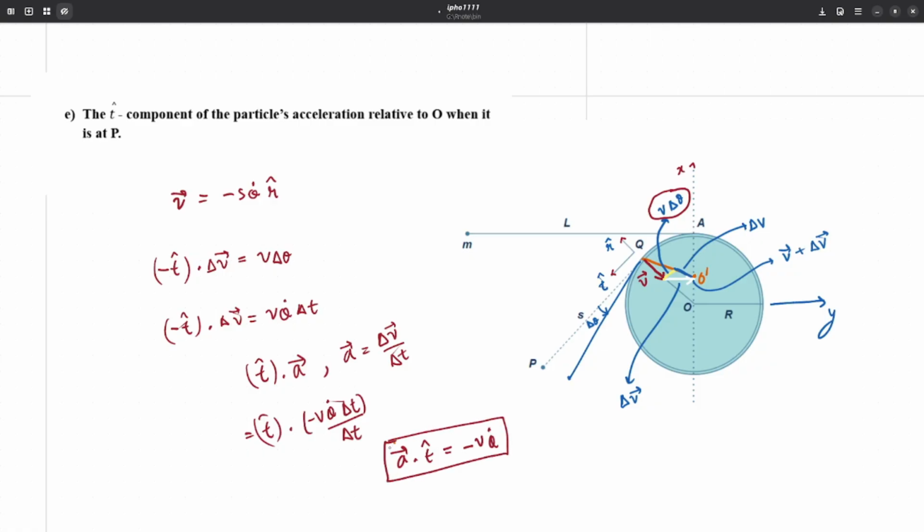And we know v is equal to minus s theta dot r cap, so the magnitude of V is s theta dot. Putting this in the equation, A dot t cap is equal to minus s theta dot times theta dot, which is equal to minus s theta dot whole squared. And this is the acceleration of the particle along t cap. This is your answer.